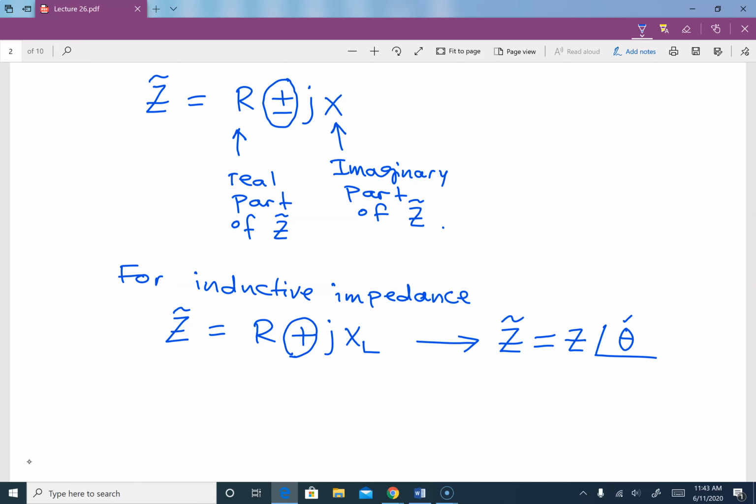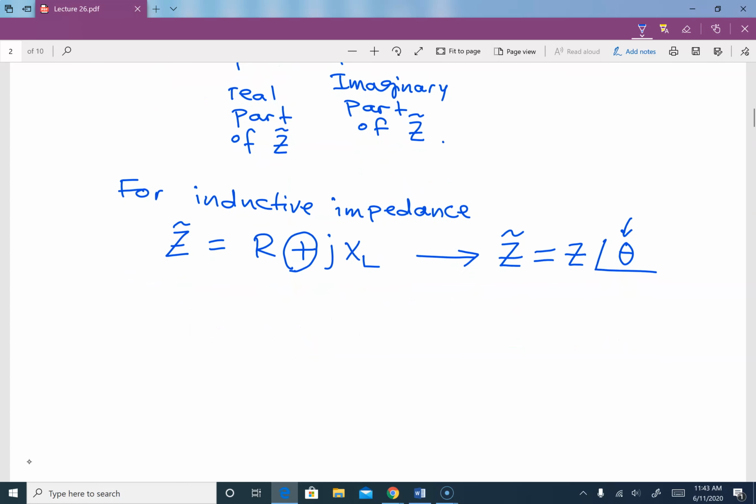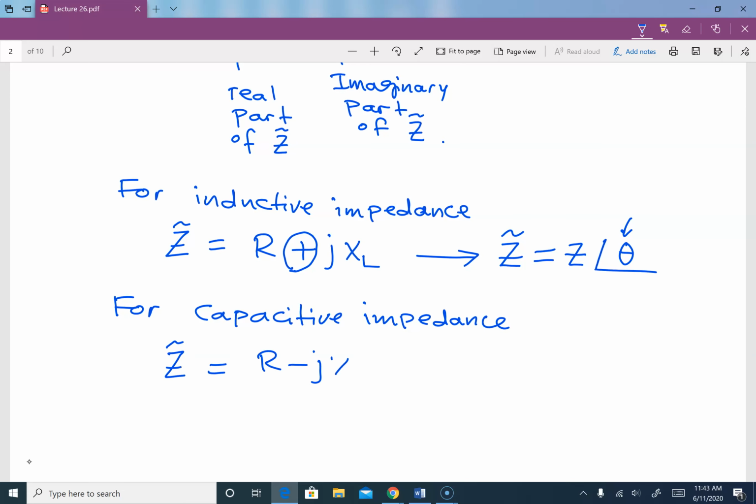And for capacitive impedance, we will have our Z is equal to R minus J X sub C. And in polar form, phasor Z will be the magnitude Z with angle negative theta.